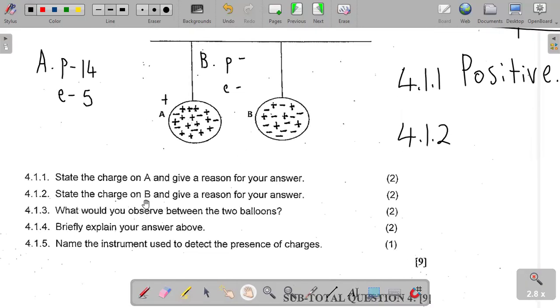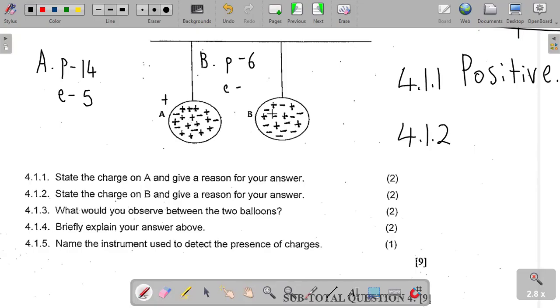State the charge on B and give a reason for your answer. Again, we do the same thing. We go to object B and count the number of positive charges. 1, 2, 3, 4, 5, 6. There are only 6 positive charges.